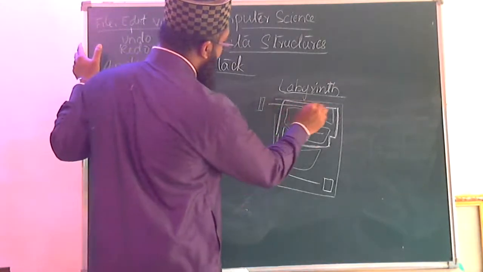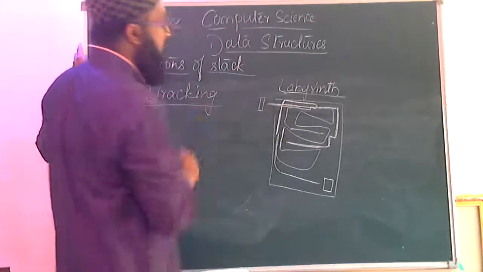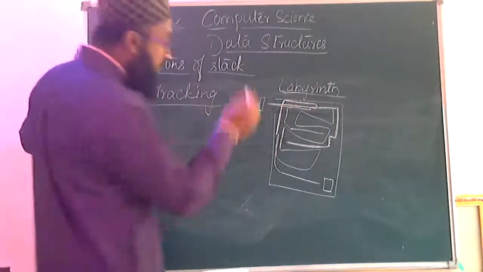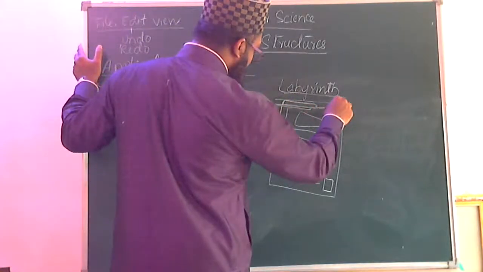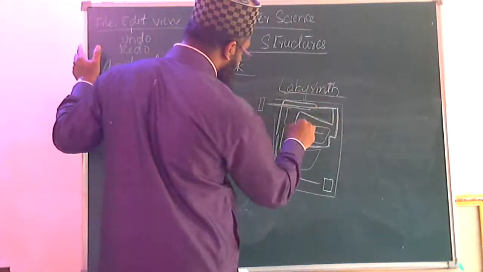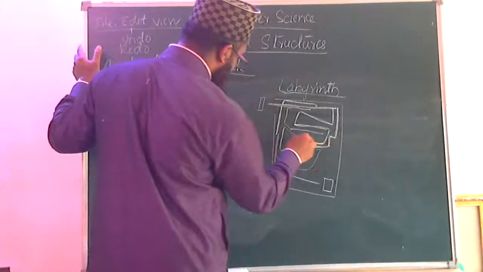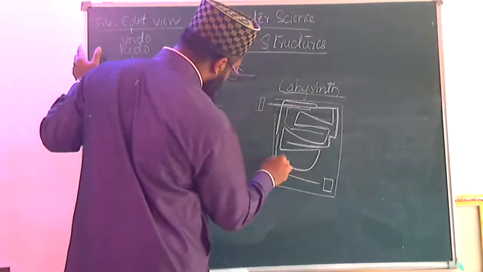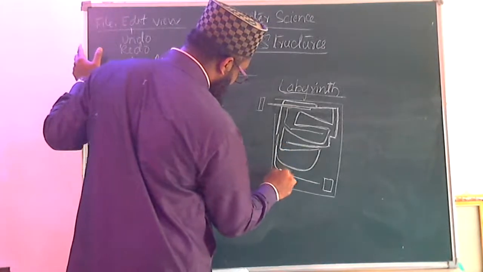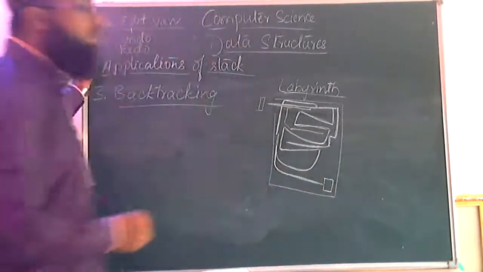Again he will come back to the same route, that is called backtracking. By trying and coming back again and again, finally he will find his route to reach his item. That is called backtracking.